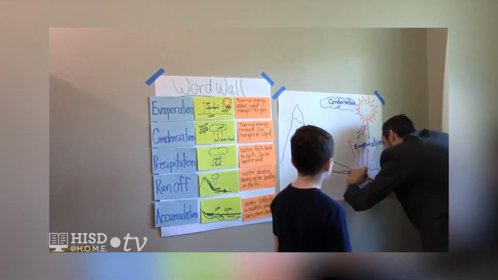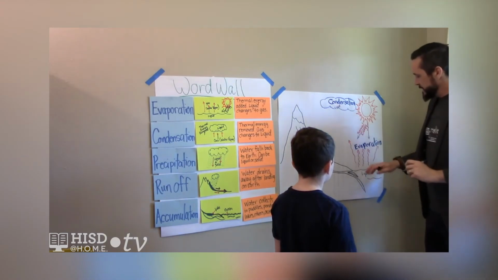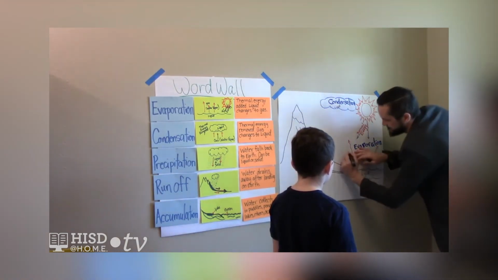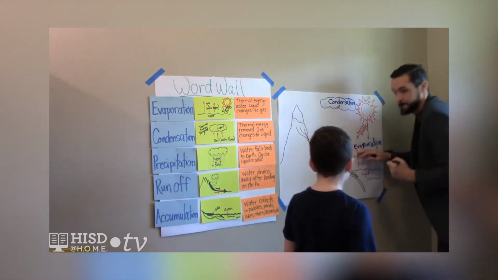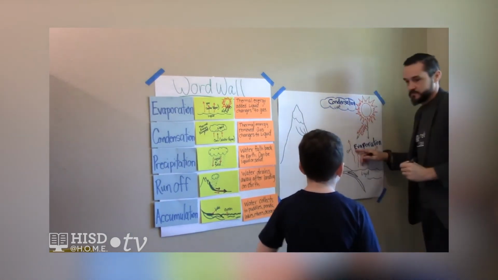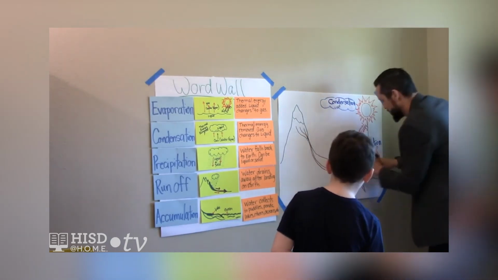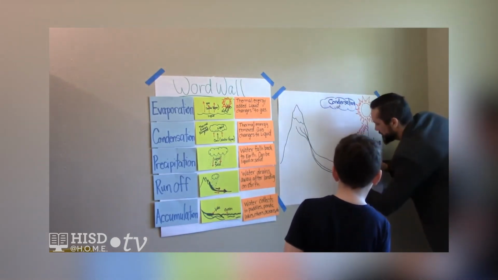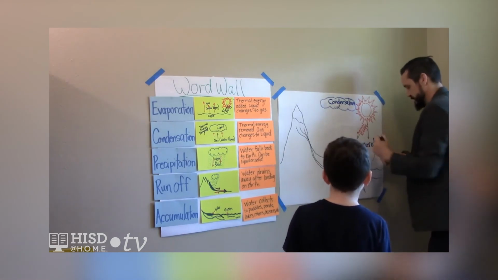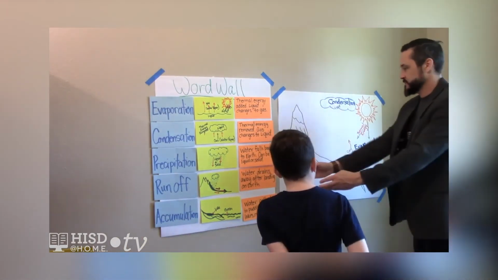Okay, so I'm going to write this in here. And that up there is a gas. What kind of a gas is it? It's water vapor. The word is in here, right? Okay, so we could say water vapor. I don't want to write that right there because it's getting crowded, but water vapor.